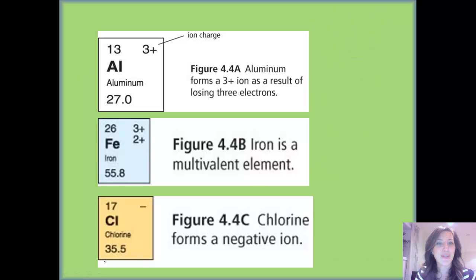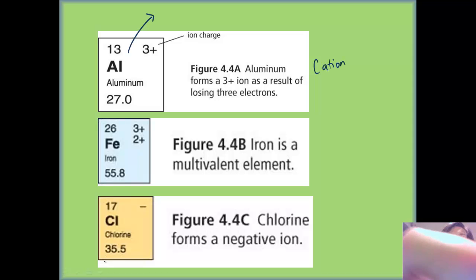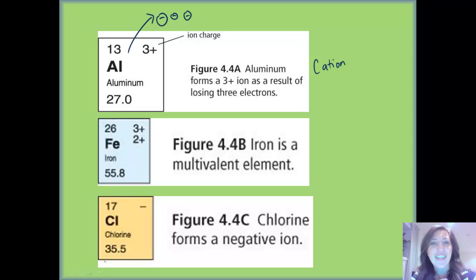Here are some examples. Aluminum here is a cation. It likes to lose its electrons, and it's going to lose actually 3 electrons and end up with a +3 ionic charge. And then iron, which we already talked about, is multivalent.